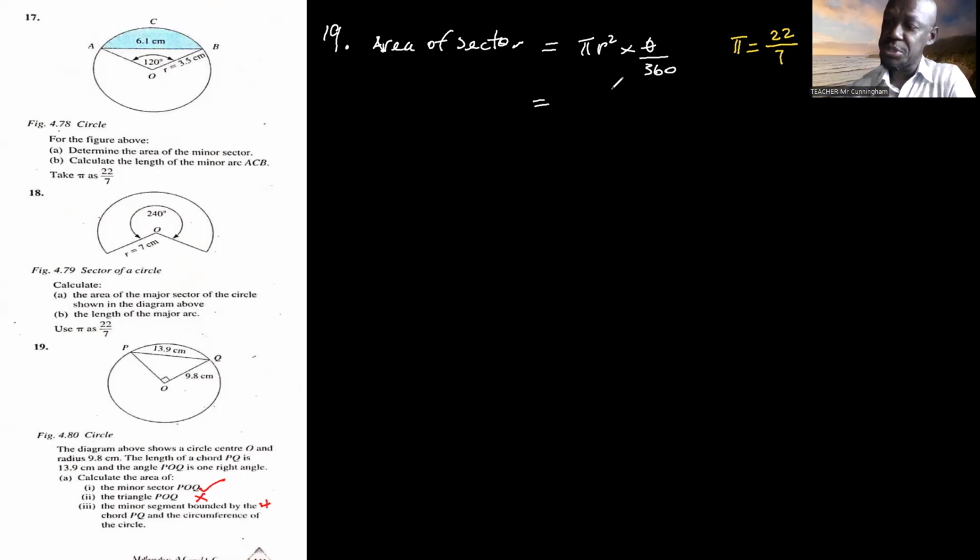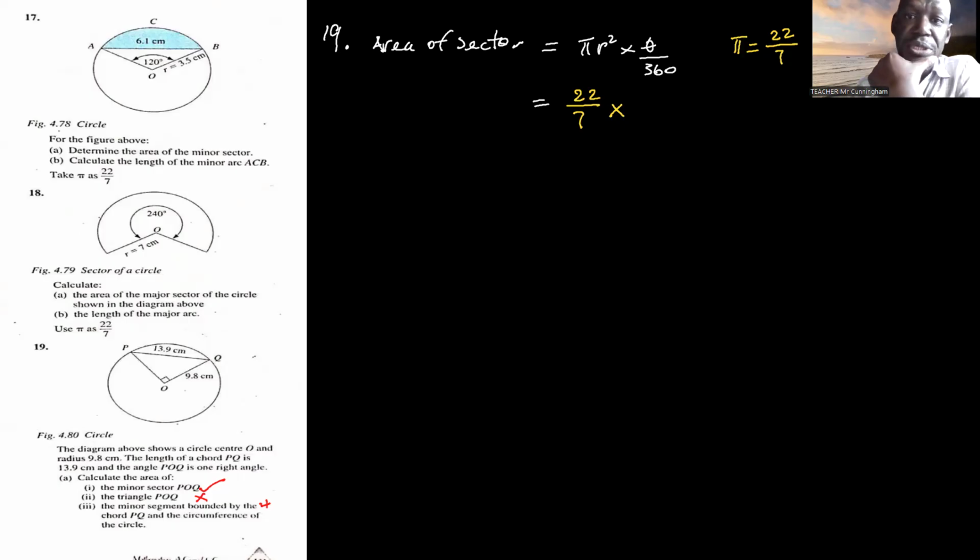So people just remember it is pi. What is pi? Use 22/7. Anybody could tell me what is the radius? Darius, what is the radius for number 19? So 9.8 centimeters.